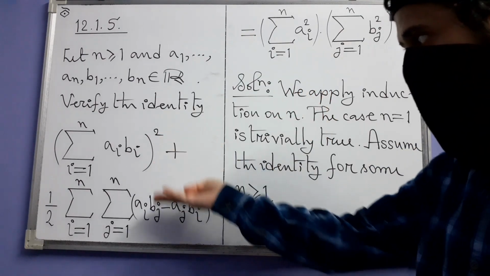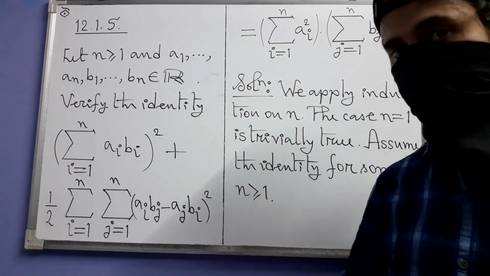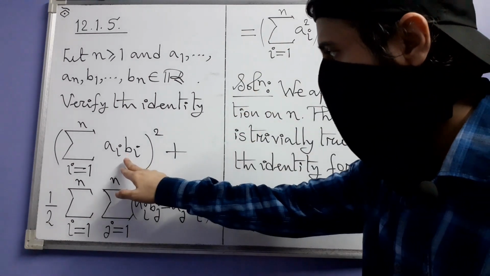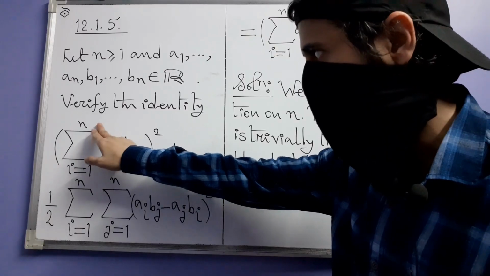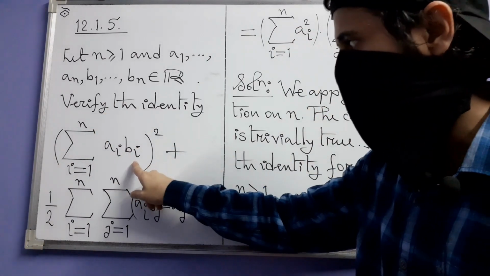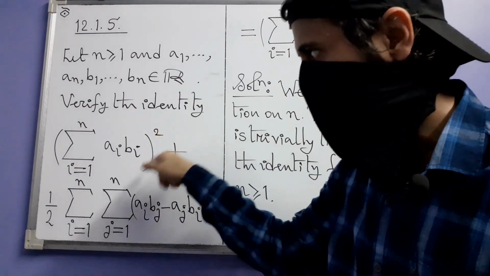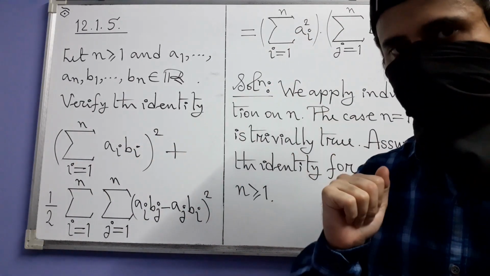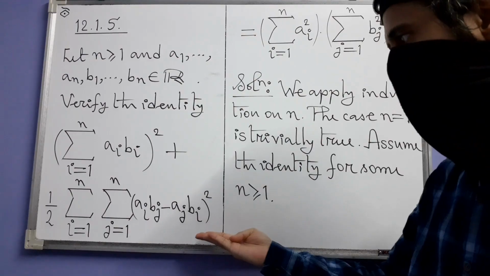So in that case, what happens to the left hand side of this identity? Let's see. Because n is 1, this sum has only one term, and that is a1 b1. So this square is a1 square b1 square. What about this?